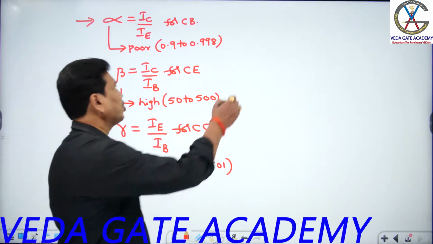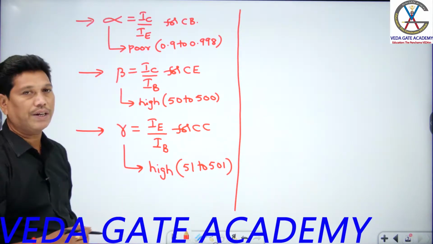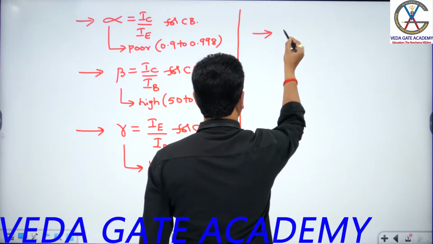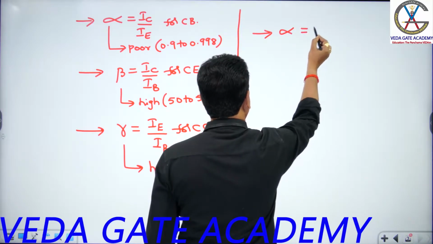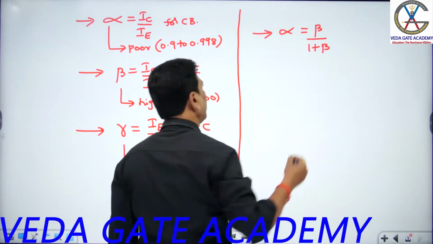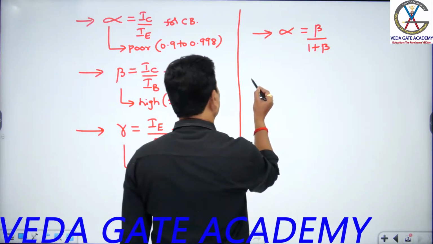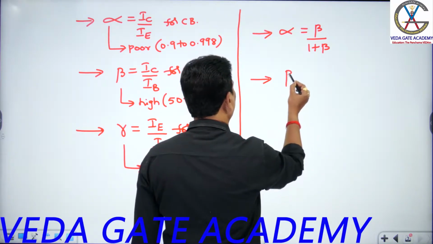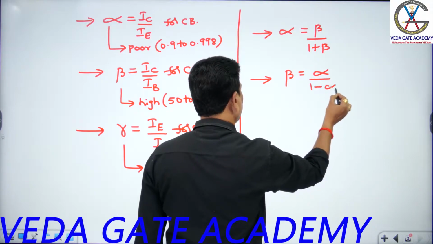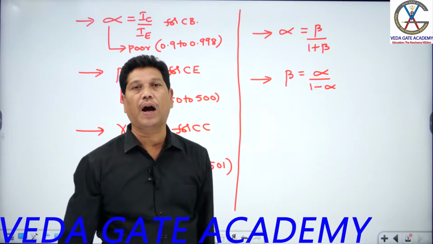Okay. Check out the other things, the relations you discussed, students, among these three gain factors. One of the relations you discussed, right, current gain alpha in terms of beta: alpha equal to beta by 1 plus beta, you learned, students. And one more current gain formula you discussed, beta in terms of alpha: beta equal to alpha by 1 minus alpha, students. So this is alpha in terms of beta, this is beta in terms of alpha.